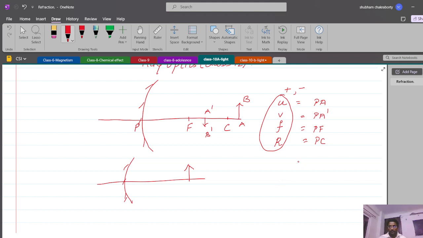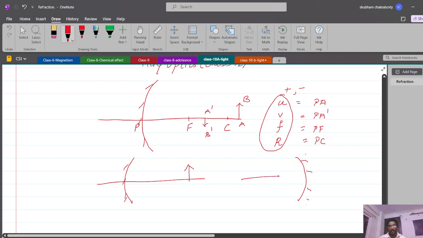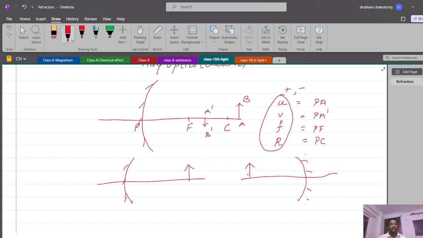But if in the question the mirror is facing a different direction and the object is facing a different direction, then you'll have to change the signs accordingly. So you have to remember that by changing the side of the mirror, or the lens for that matter, you have to make a change in the signs.